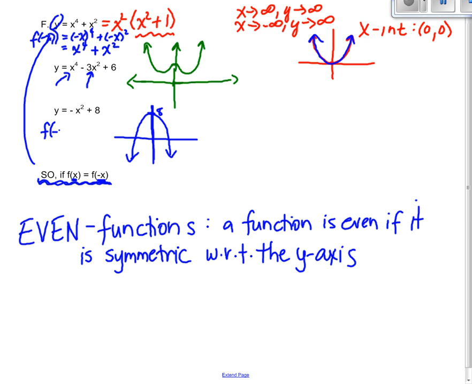For this one, if I replace my x with negative x and tidy it up, I will get positive x squared plus 8. I get my original function. It is an even function. And what it would look like is balanced around the y line.